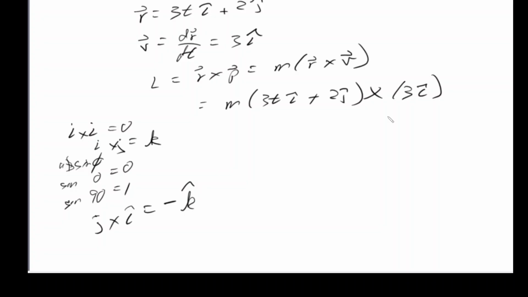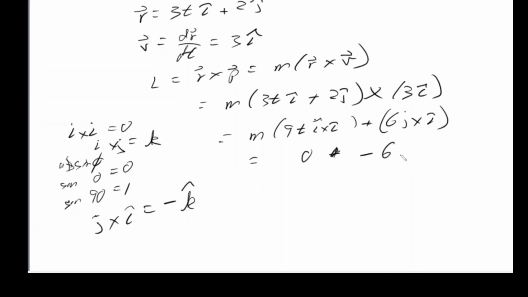So if we come back to our problem, this is equal to m, and that would be 9t i cross i plus 6j cross i, which is equal to, well, that's 0, and j cross i is a minus 6k. So L is equal to minus 6mk, and that's equal to a constant.